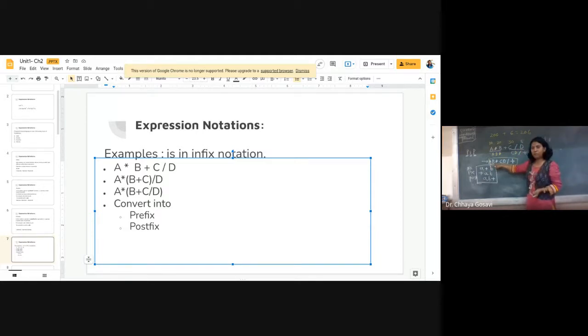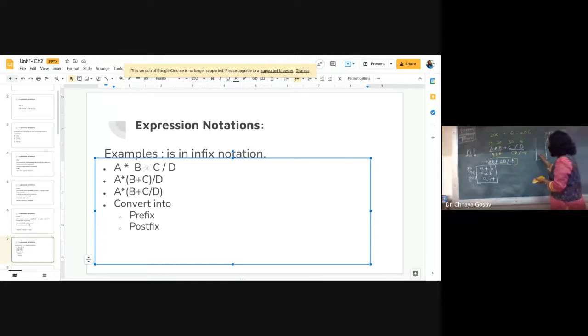Again B is an operand, put it into the stack. As soon as you get an operator, you have to pop these two operands A and B and perform the operation. The value of A is 10 and B is 20. Perform the operation 10 into 20, which is 200, and put this value into the stack.